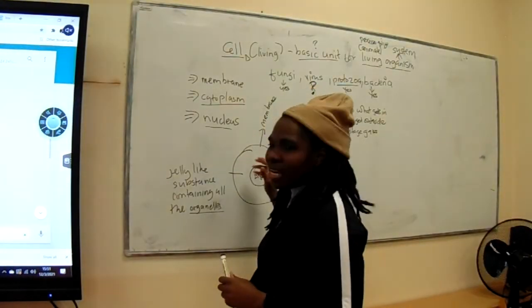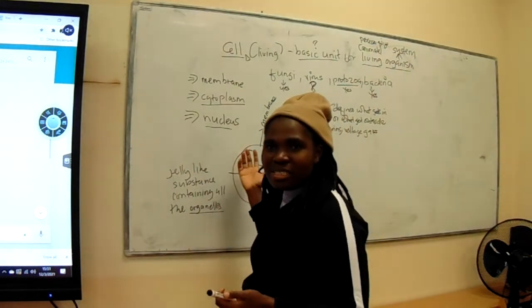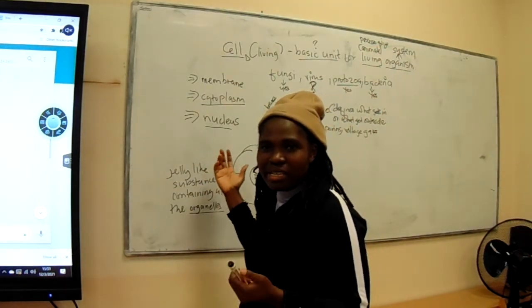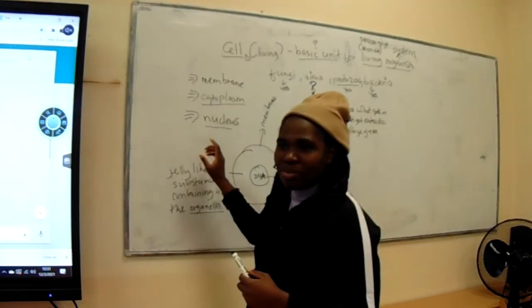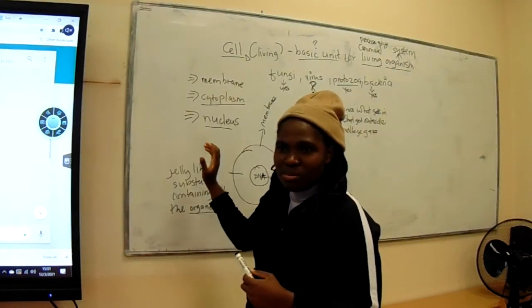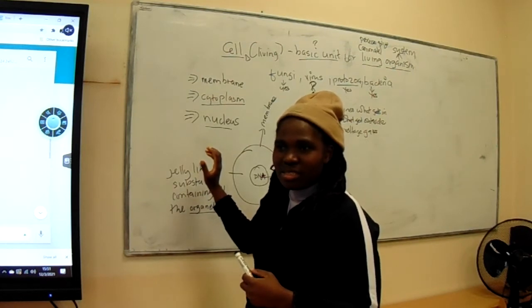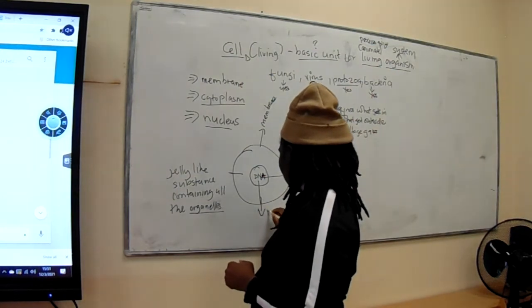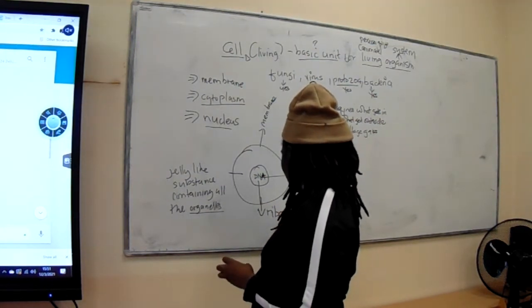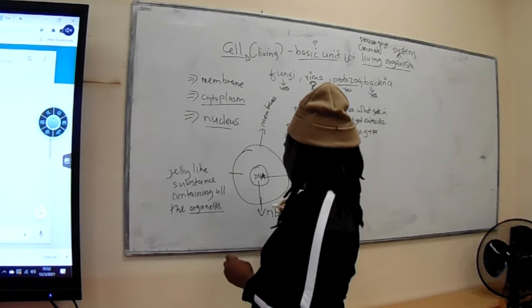Your DNA, like during transcription, is then translated into RNA, but there's something that is important as far as coding for proteins is concerned. We're talking of ribosomes. They are made in the what? In the nucleus.